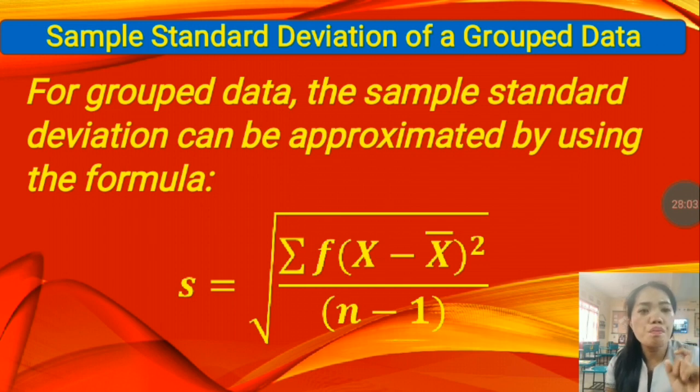Okay? Always remember that if we are getting the sample standard deviation, when we talk about a sample, we will be using the symbols for the sample. Okay, for the standard deviation we will be using the small letter s, and for the sample size we will be using the small letter n.